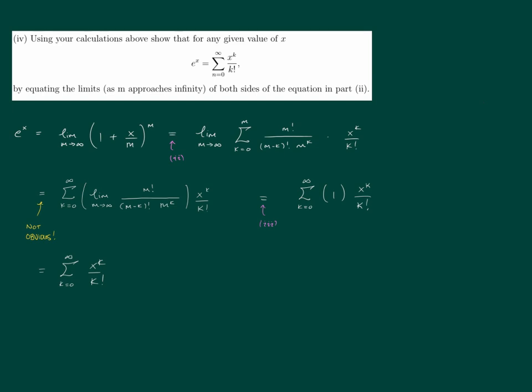Okay, so we've established the equality that we want. Now this is a very famous equality. e to the x is equal to this power series representation, and as we showed in part A, the radius of convergence of this power series is infinite. So e to the x can be expanded on all of R in this power series.